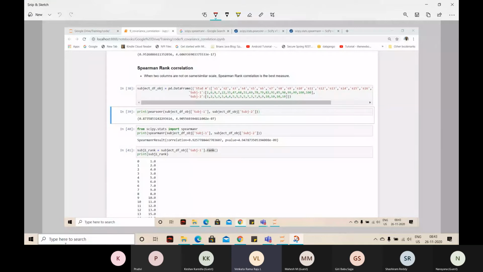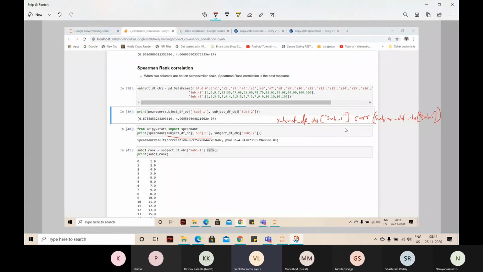So we can find the correlation coefficient by saying df_obj of subject 1 dot corr of df_obj of subject 2.